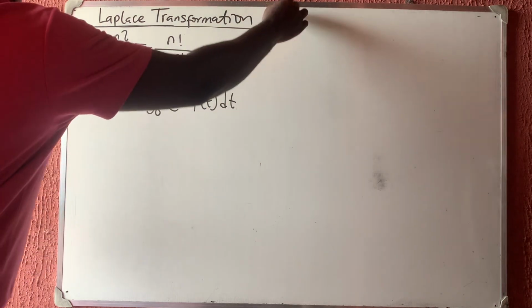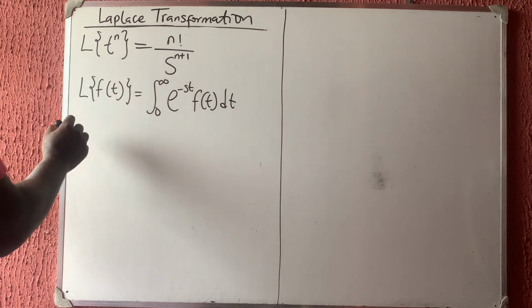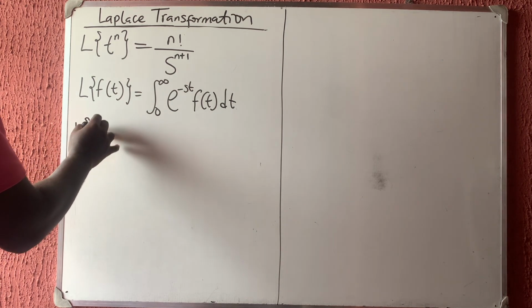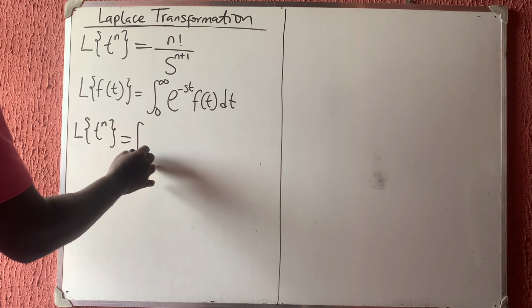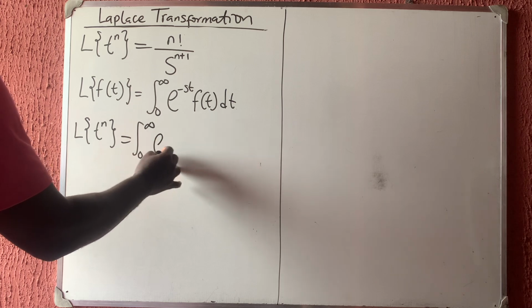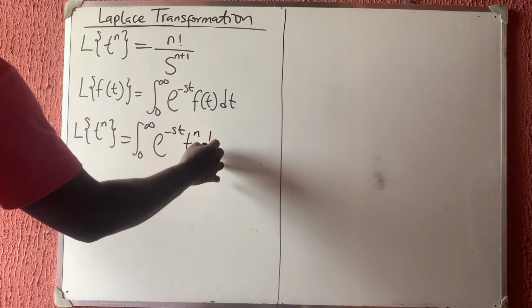Having known this, you should now know that the Laplace transformation of t raised to power n should be equal to the integral from 0 to infinity of e raised to power minus st, then t raised to power n dt.